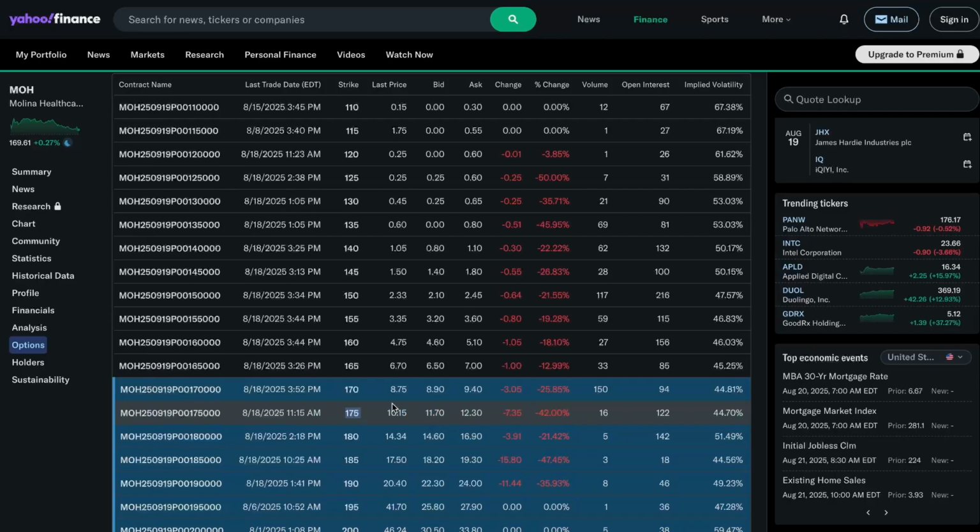And since the contract is on 100 shares, 12 times 100, that's $1,200. Similarly, for every contract I sell here, I'm getting $1,200. I actually sold 2 contracts here, so the premium that I collected was just about $2,400. But I have to be prepared to buy 200 shares worth of Molina stock at $175 a share, or $163 a share net when you take into account the premium that I got.